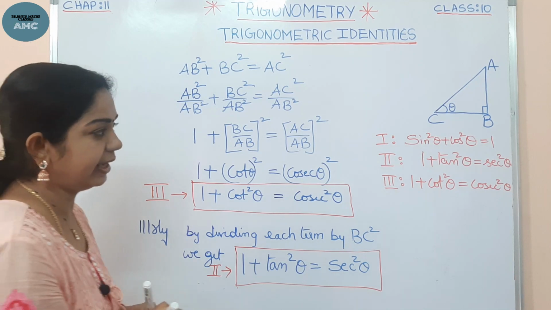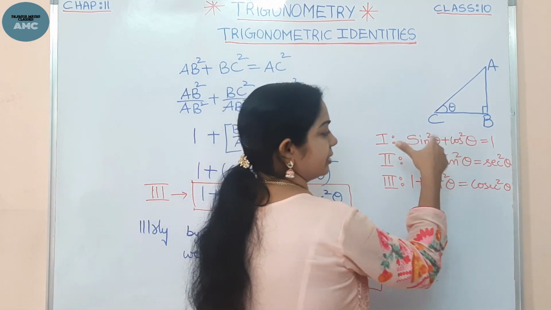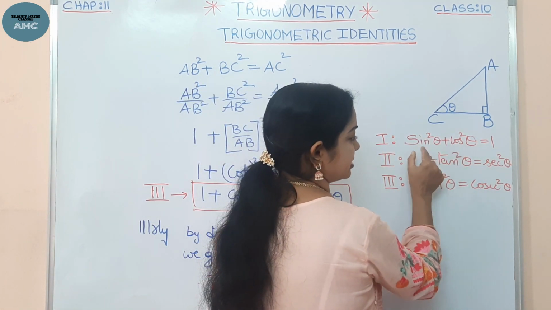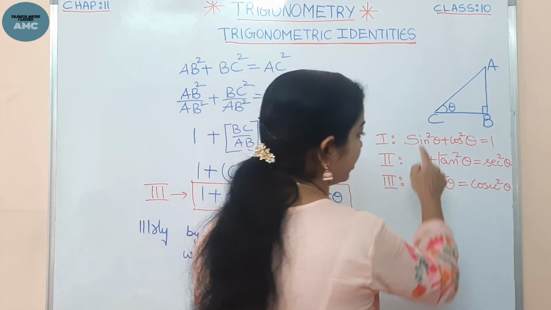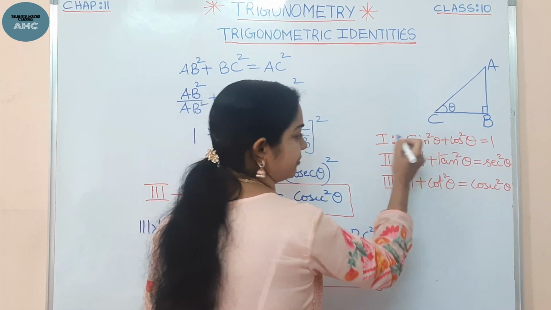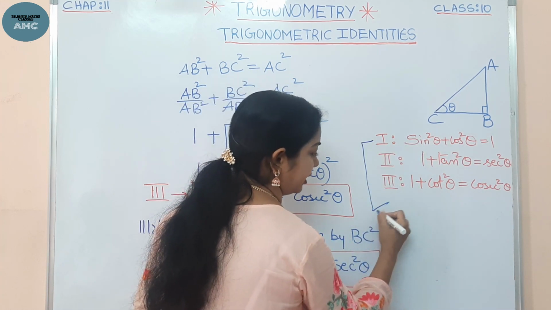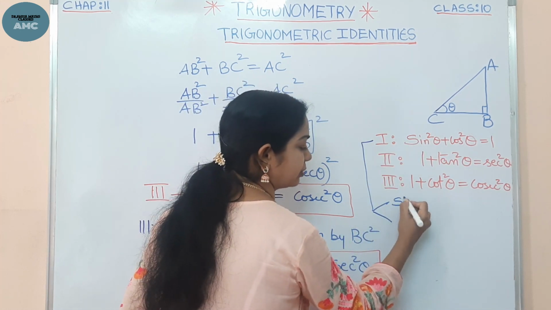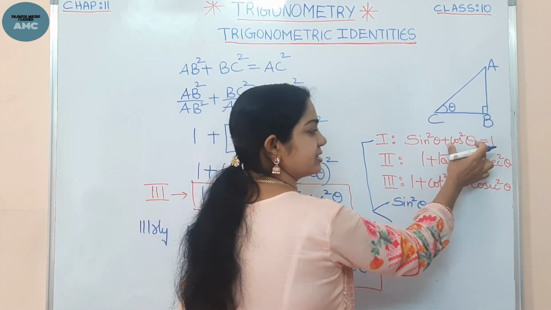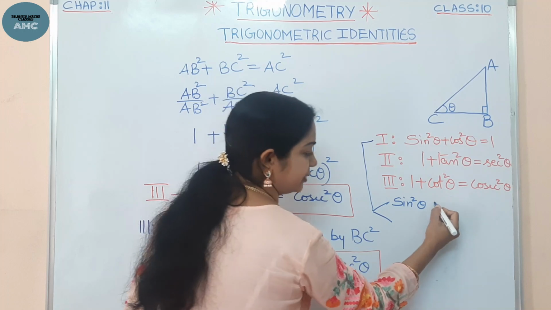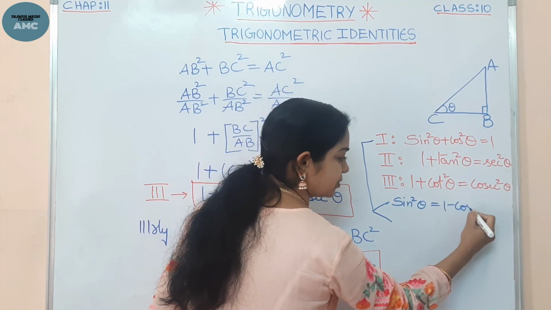Now, how can we deduce other trigonometric ratios? See here, sine square plus cos square is 1. If I want only sine square theta from this, I'll shift the cos square to the other side of the equation. That comes to 1 minus cos square.